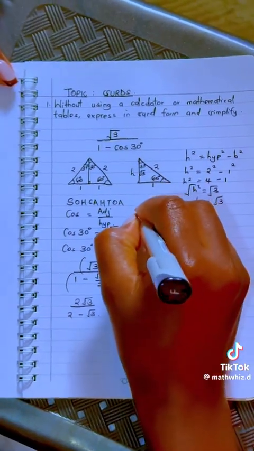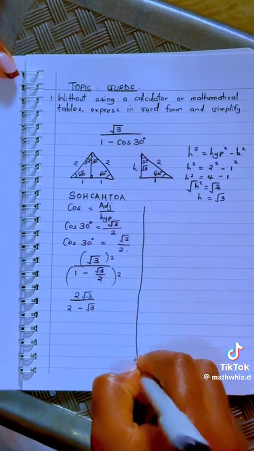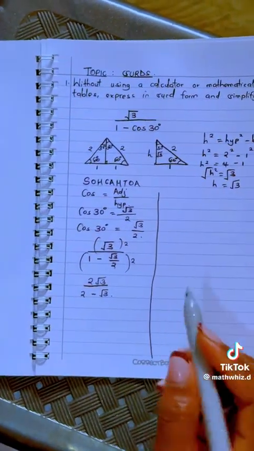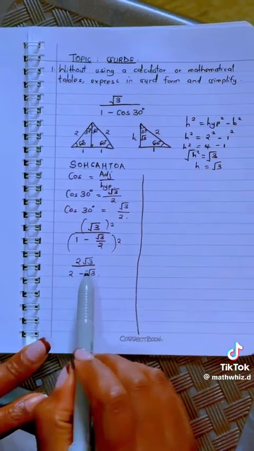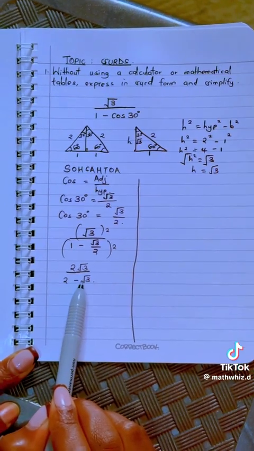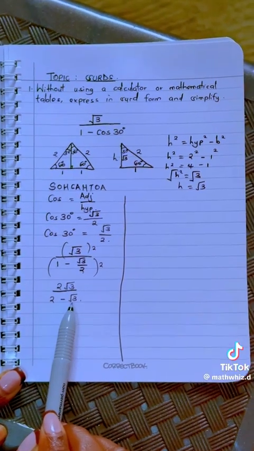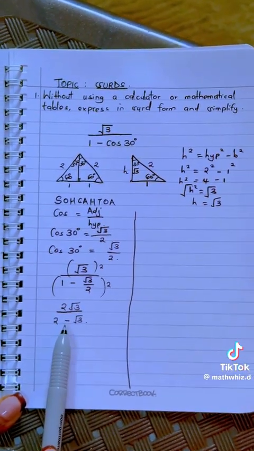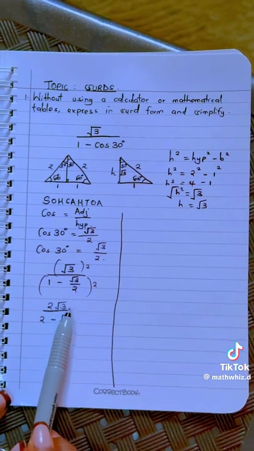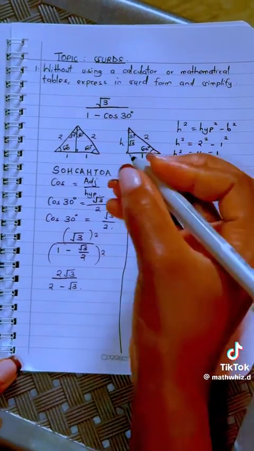At this point, it is easy for us to get the final answer. What you will do is change the denominator. You rationalize it. That means you change the sign and multiply by the conjugate on the numerator and also on the denominator.